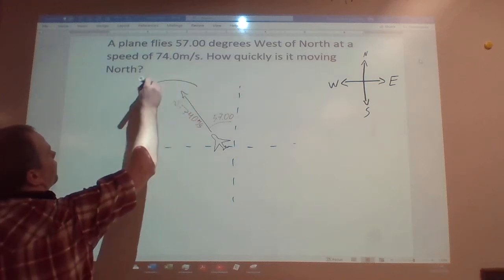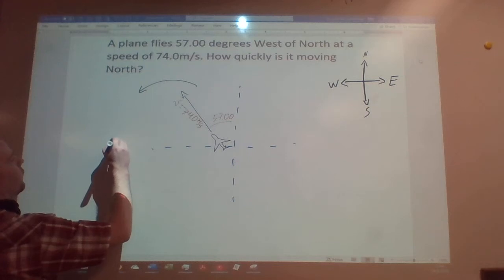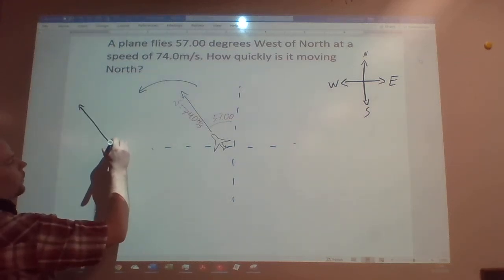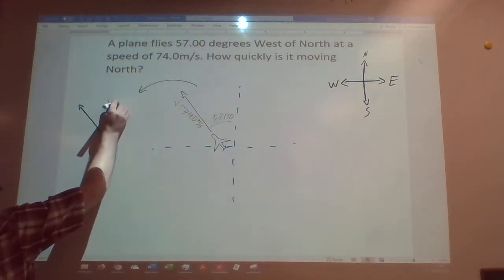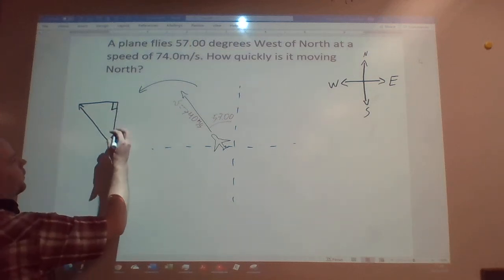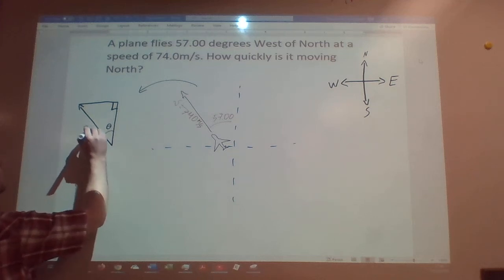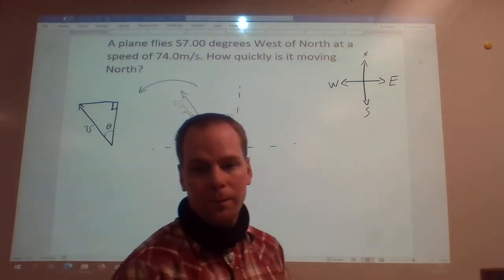If we bring this over here, we have a vector in this direction, and its vertical leg is north, and its horizontal leg is to the west. So here's our right angle. This is our known angle theta, and then we just have a velocity because it's traveling at a constant speed.